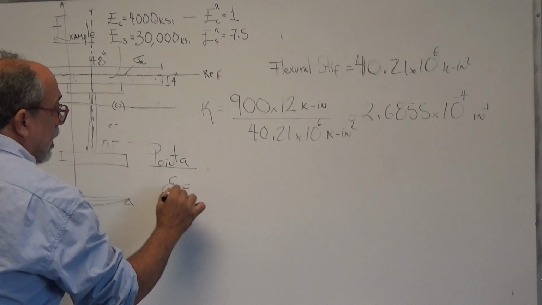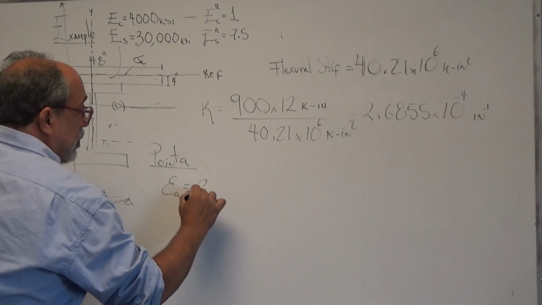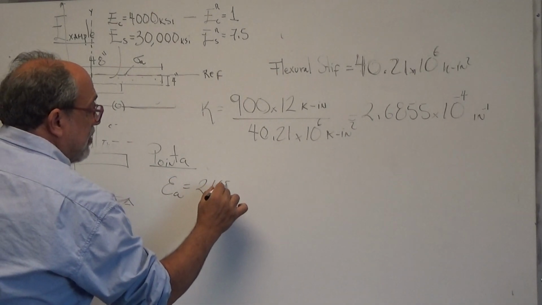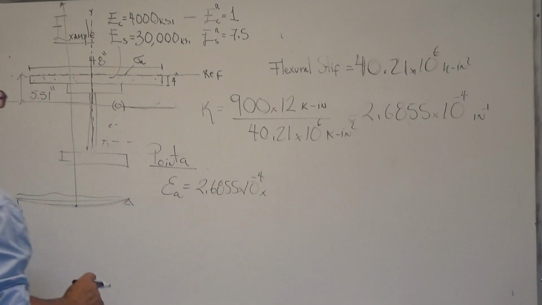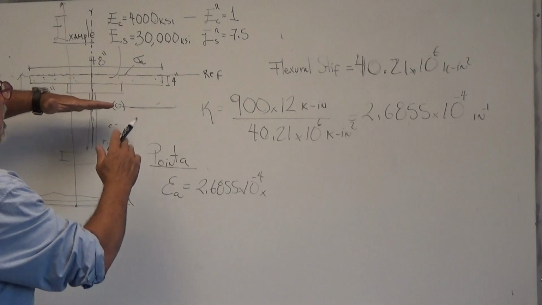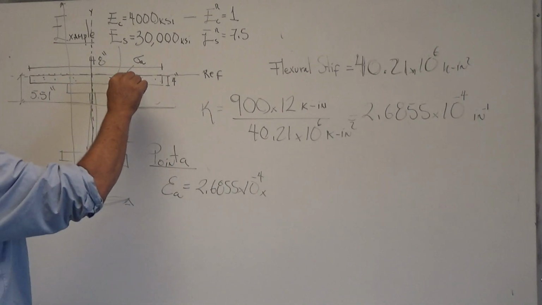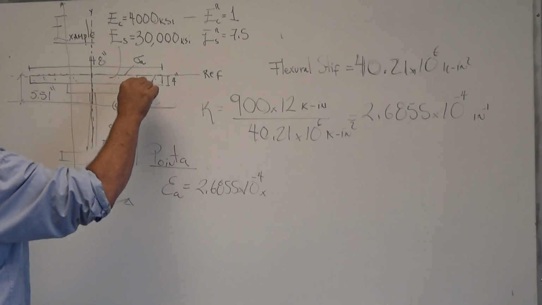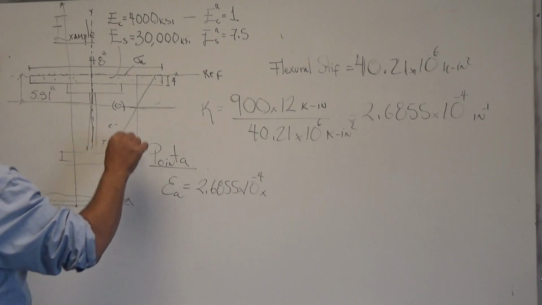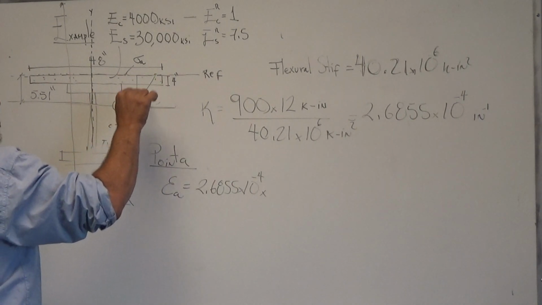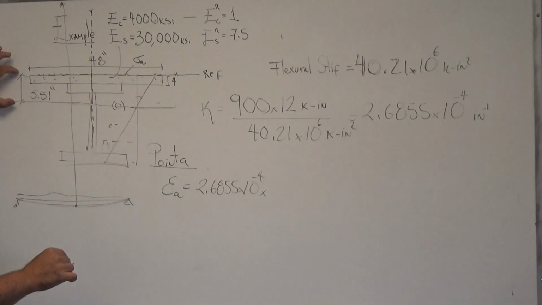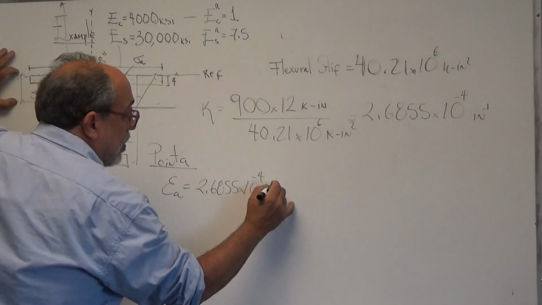Well, it's the curvature, which is 2.6855 times 10 to the minus 4, times how far it is, because remember the strain plot goes through here. We want to know the strain there. It's the curvature times how far it is. And how far is it? 5.51 inches.